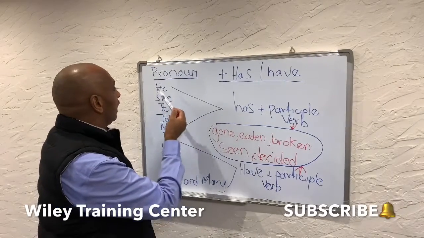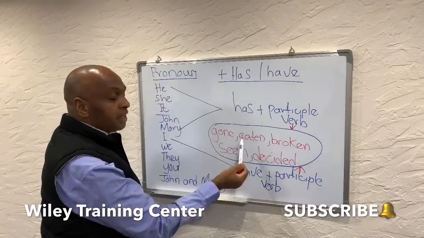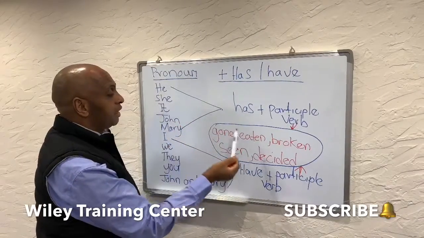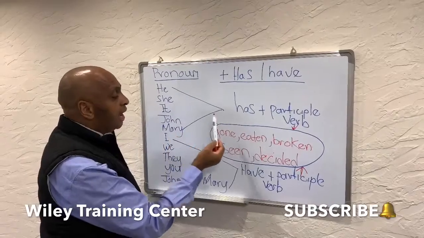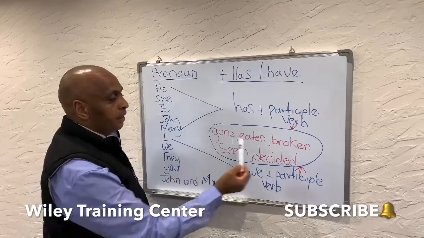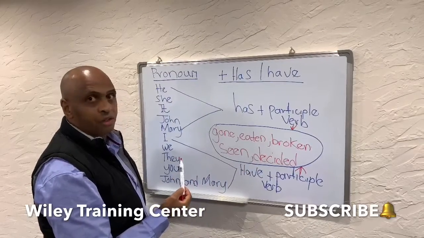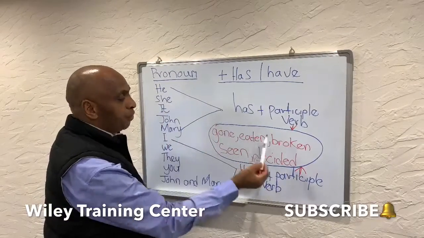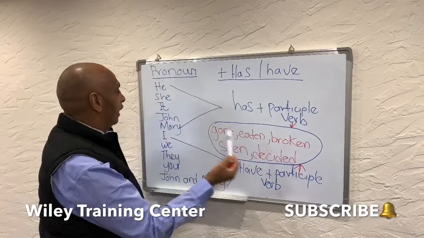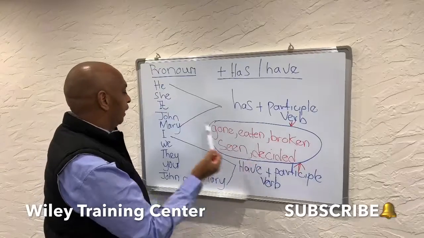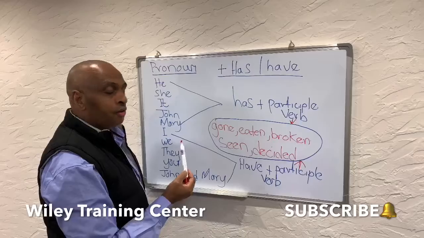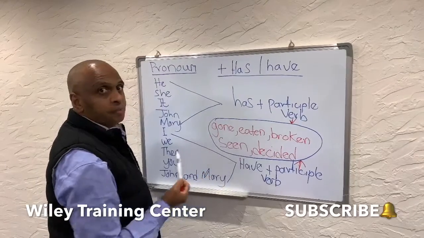The next word is eaten: he has eaten, she has eaten, it has eaten, John has eaten, Mary has eaten. The next word is broken, which is a participle verb. He has broken, she has broken, it has broken, John has broken, Mary has broken. The next participle verb, seen.